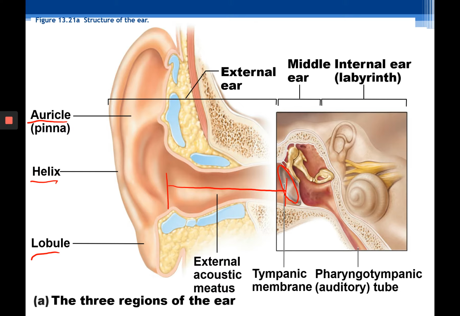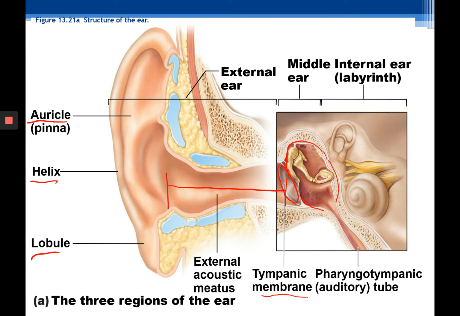The auditory canal meets with the tympanic membrane, also known as the tympanum. The tympanum is going to separate the external ear from the middle ear. In the middle ear cavity, we have three bones.